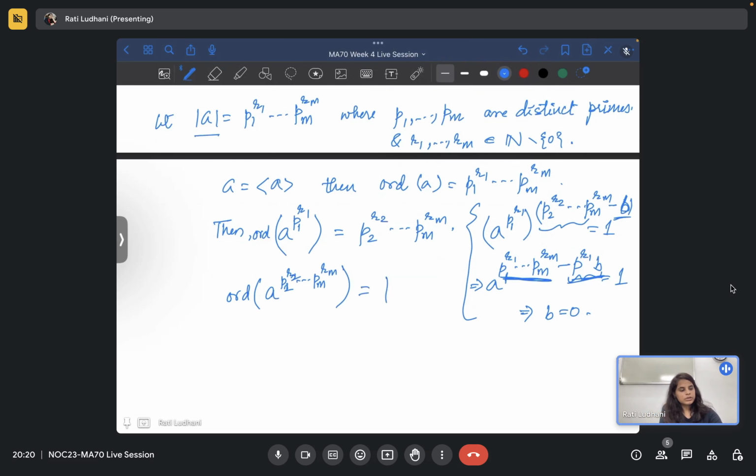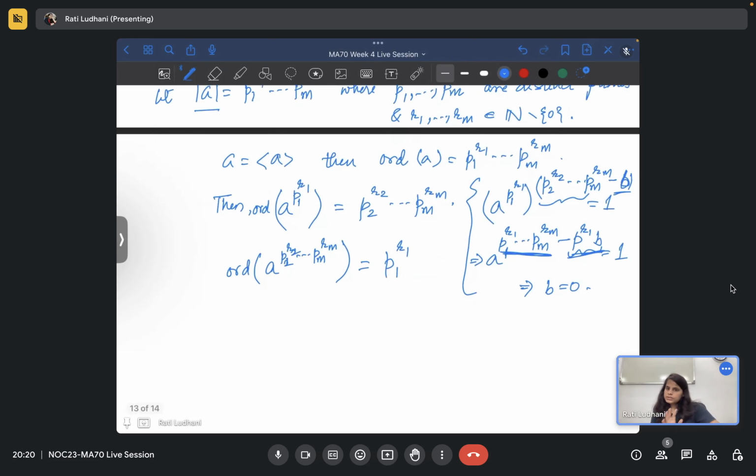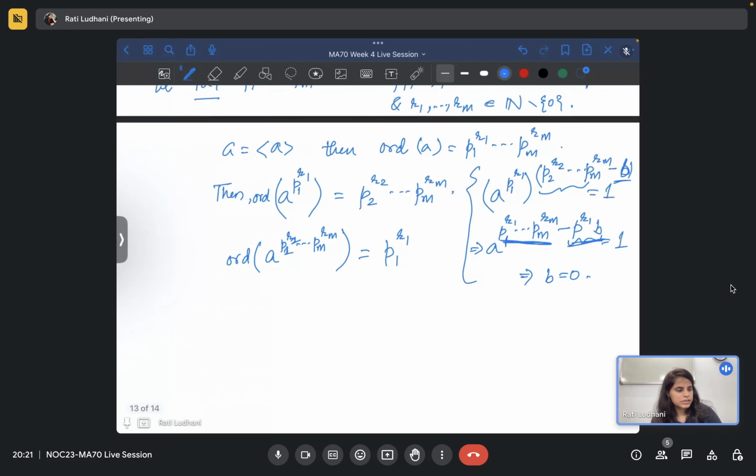Now this will have order p1 raised to power r1. Same argument. Now what I did, I separated the first one, p1 raised to power r1, and just took the remaining part. You can even do it with induction and just take two pi's, that will also be fine. But let's do it as we started. So we have these two conditions.